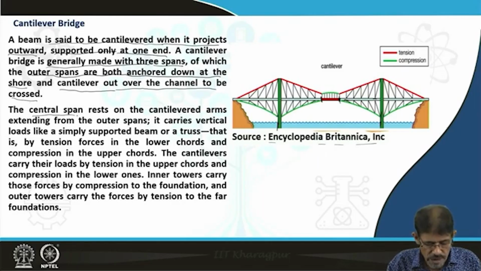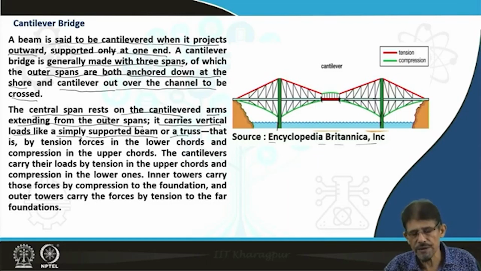The central span rests on the cantilever arms extending from the outer span, and it carries vertical load like a simply supported beam or truss.